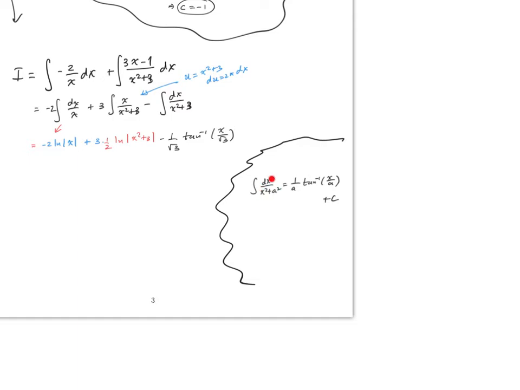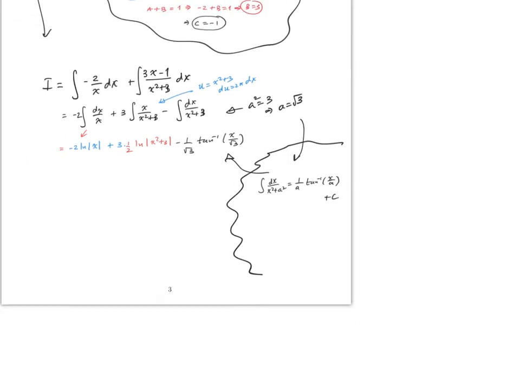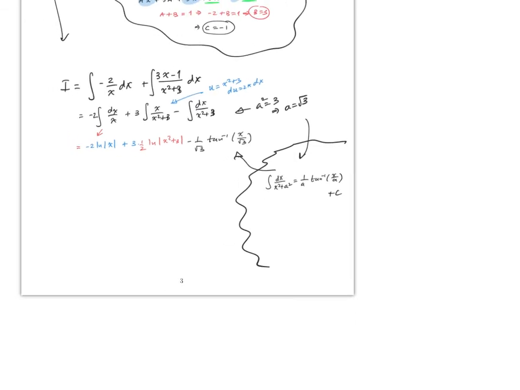So if you look at the similarity between this one and this one, from here we have that a squared is equal to 3. That means a is the square root of 3. So if you plug this into here, that's how we get the answer. And that's it for that one.